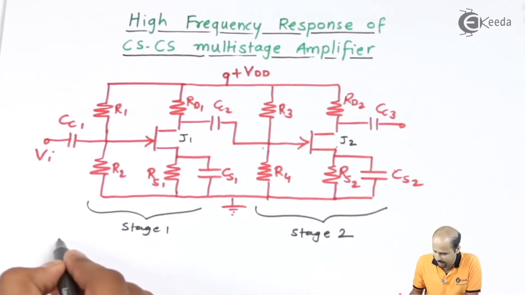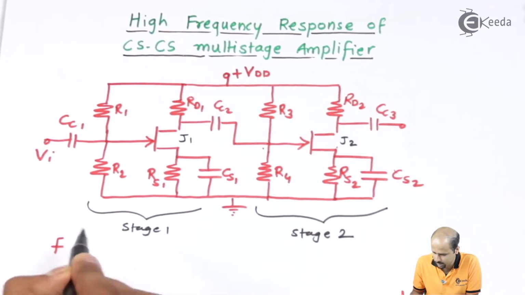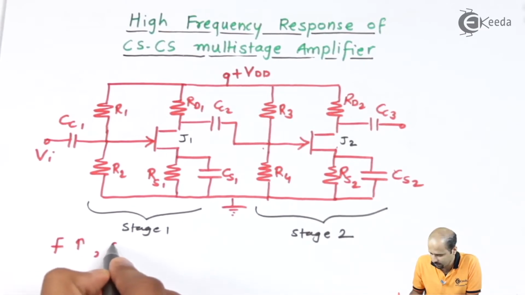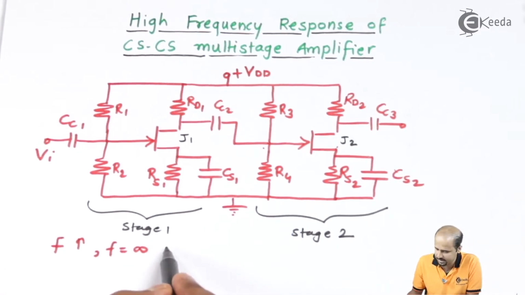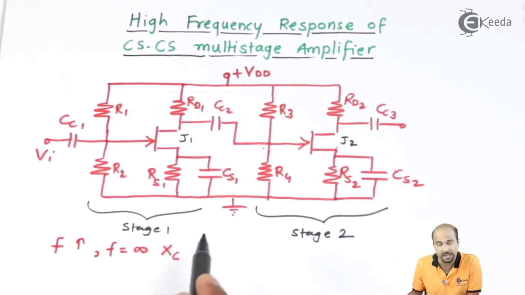As the frequency increases, let's see if the frequency is equal to infinity, ideally. Can I say that all the values of capacitive reactances will become zero? So all the external capacitances will become short circuited.